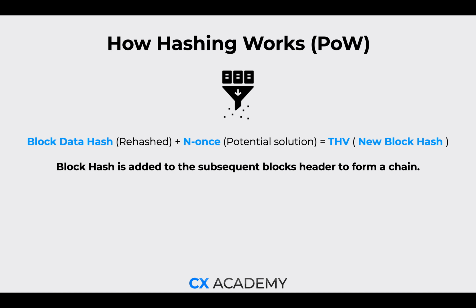They're throwing these into a hash function, okay, and they're trying to find this THV, this target hash value. So essentially they're adding the block data hash, rehashing it with a random number, and trying to produce the hash value, okay, which is the new block's hash.